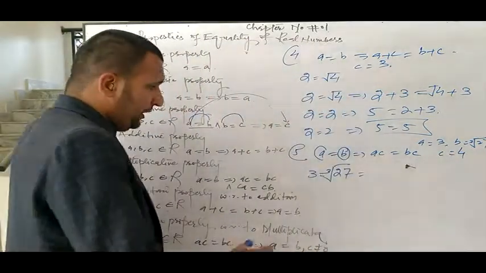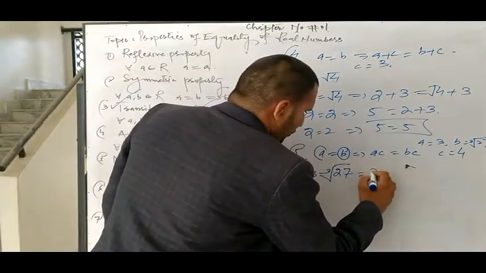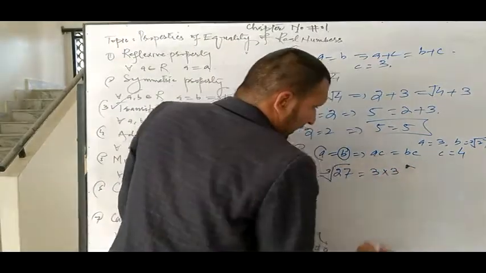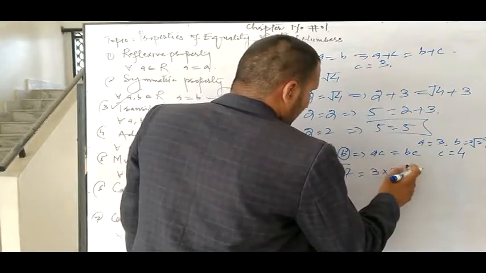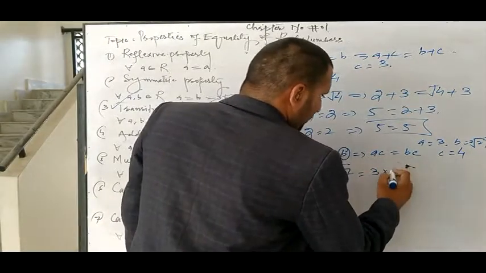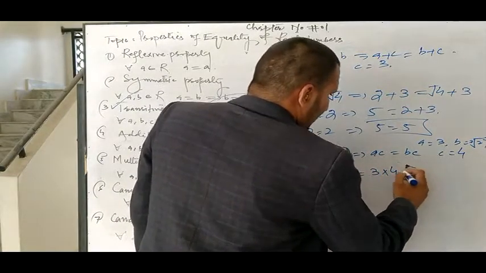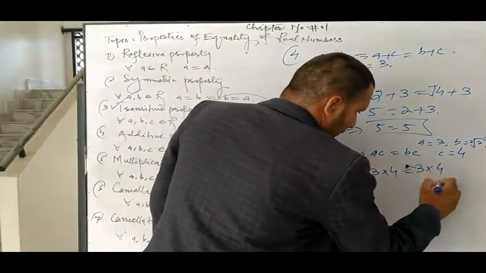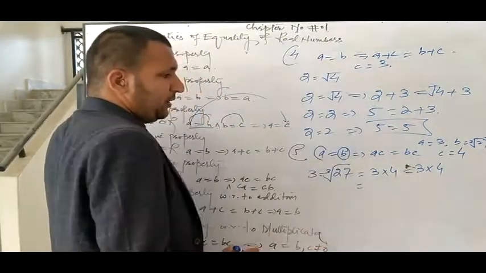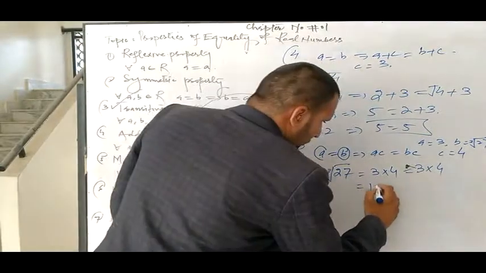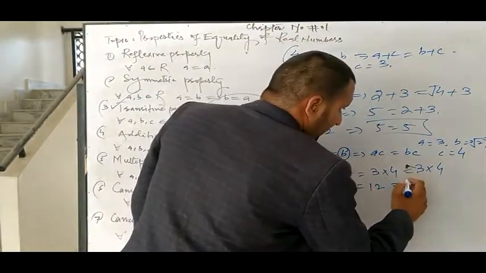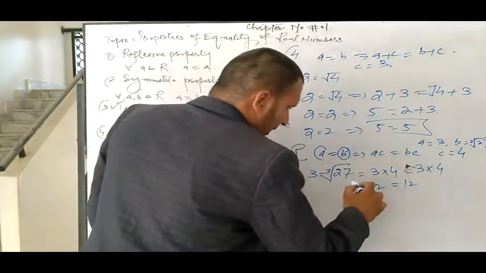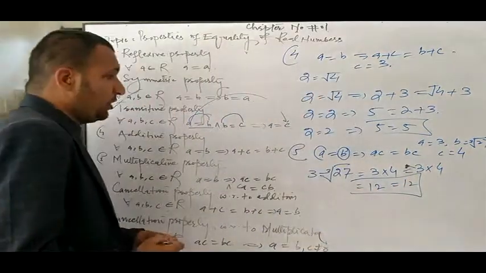Again we multiply: A is equal to 3 multiplied by C is equal to 4, and B is equal to cube root of 27, which is 3, multiplied by C is equal to 4. Then 3 multiplied by 4 is equal to 12 on both sides. So the property is satisfied with respect to multiplication.